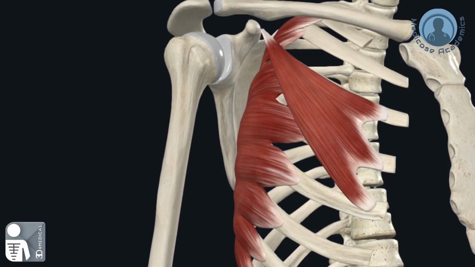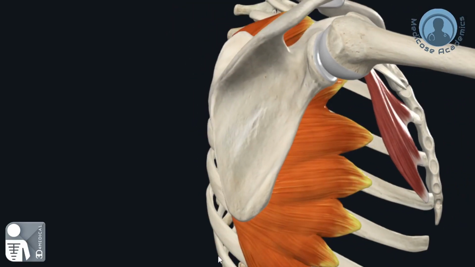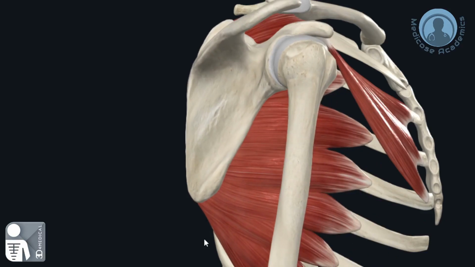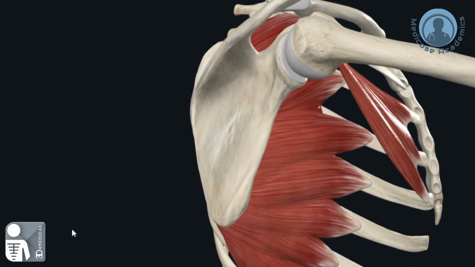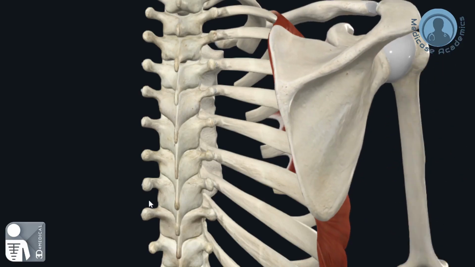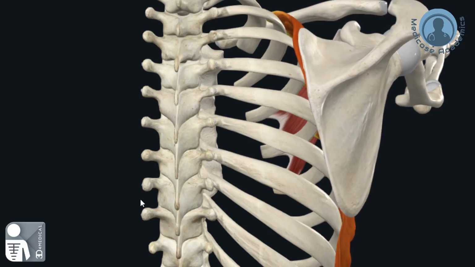The major function of this muscle is to pull the scapula forward into the ribs. As you can see, when this muscle contracts, it pulls the scapula forward, so it is helping in protraction of the scapula. Not only does it pull the scapula forward, it helps rotate it too.